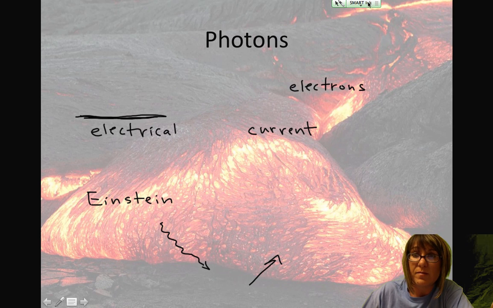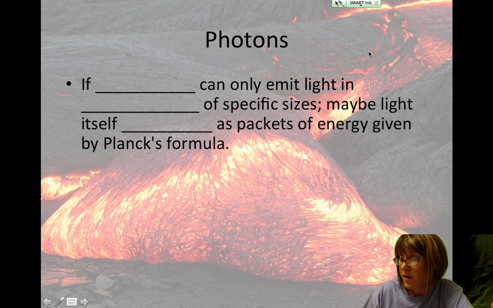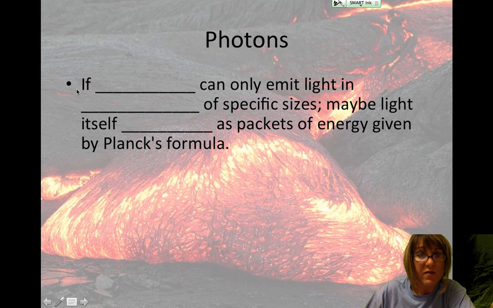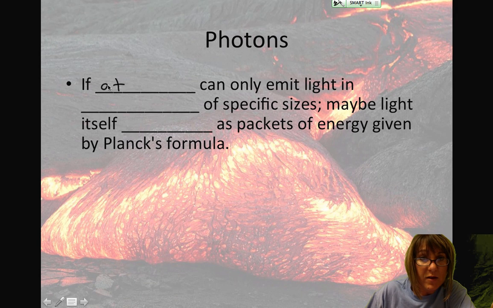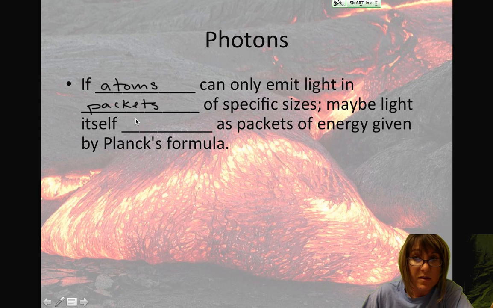Here's what Einstein said. He said, well, Planck's onto something. He said there's a piece of light that's the smallest piece that you could have. So if atoms can only emit light in little packets of energy of specific sizes, then maybe the light itself travels as packets of energy that are given by Planck's formula, E equals h nu.